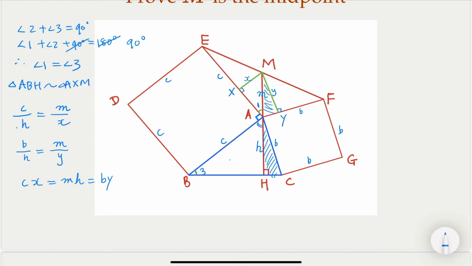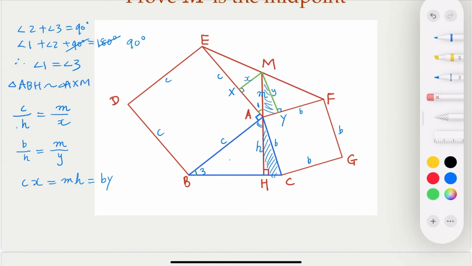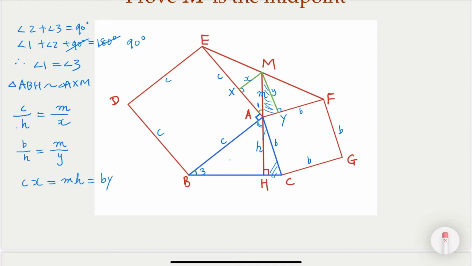But, okay, let's erase some marking here. Let's look at what the meaning of this is, right? So you notice that this is B, yeah? Let's mark it.